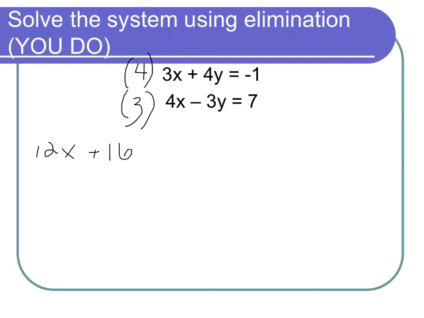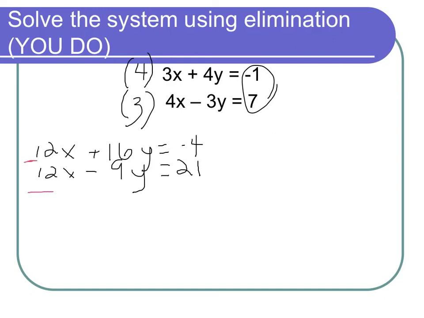Plus 16y is equal to negative 4. The second row, multiplying by 3, I get 12x minus 9y is equal to 21. Don't forget to multiply these whole numbers on the right either. So here, if I want to eliminate my x's, I need to subtract.